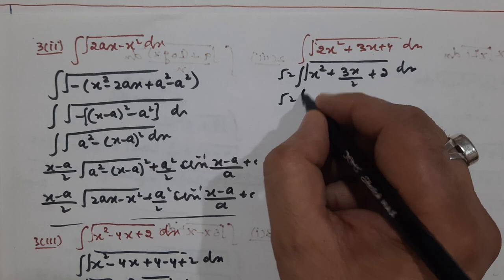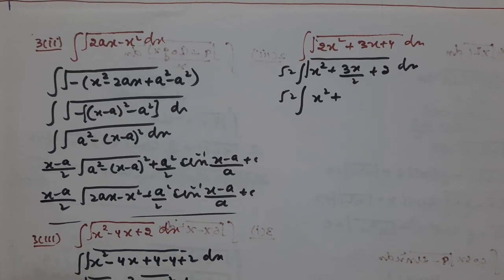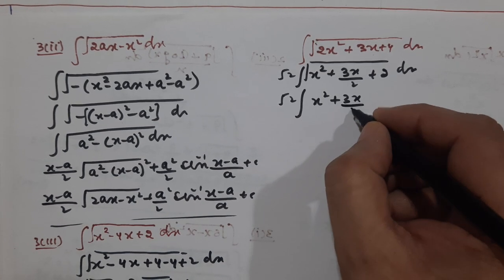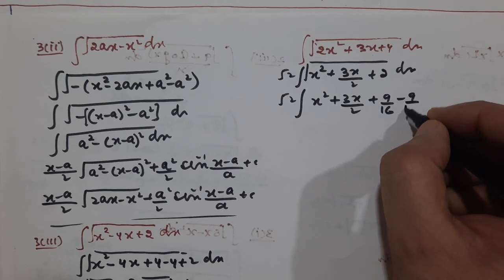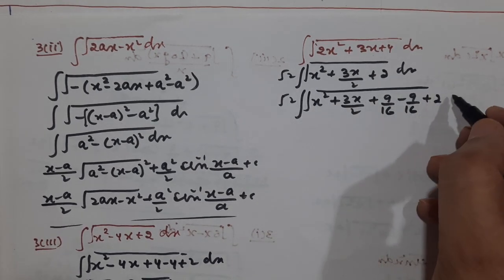Now same process, the coefficient of x is 3 upon 2, its half is 3 by 4, and its square is 9 by 16, minus 9 by 16 and plus 2, dx.